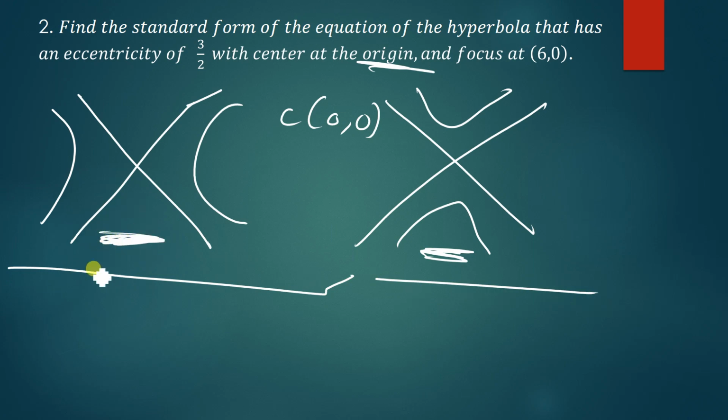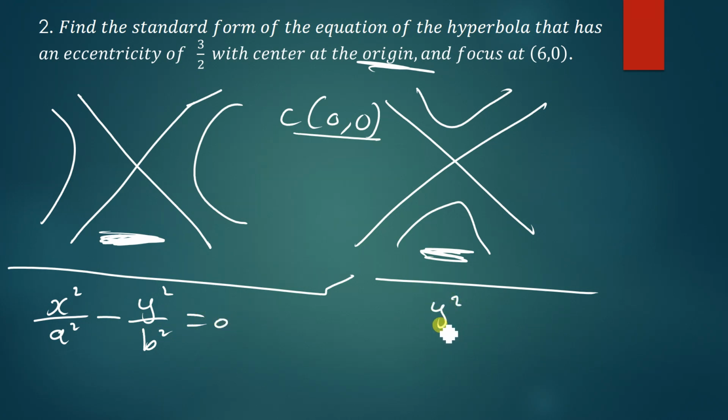For this one, when the center is 0, 0, it's x squared over a squared minus y squared over b squared equal to 1. For this one it's y squared over a squared minus x squared over b squared equal to 1.